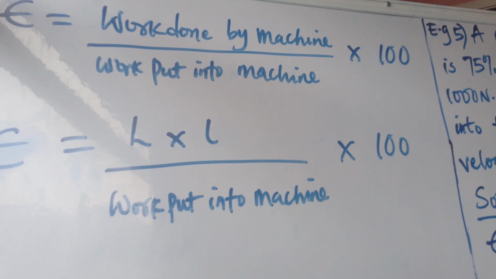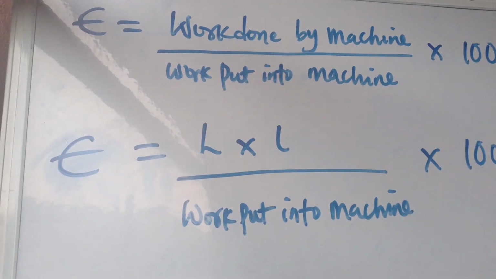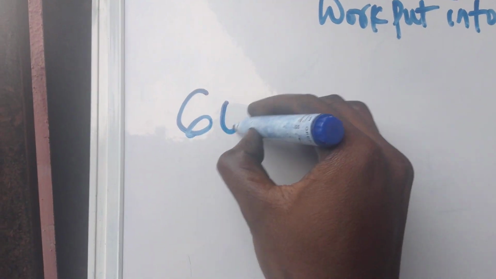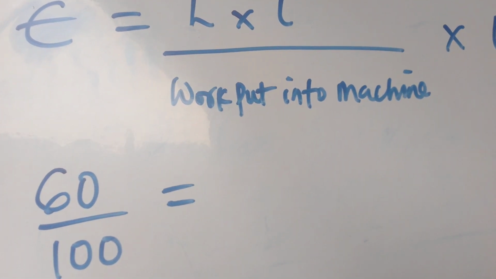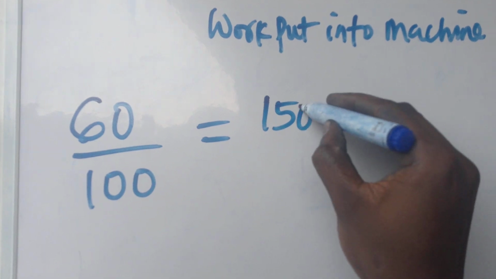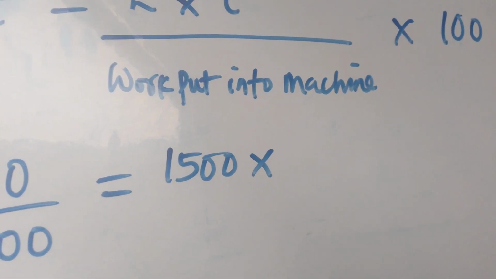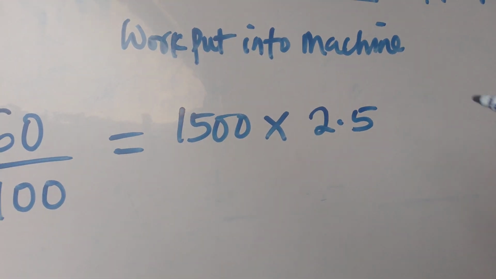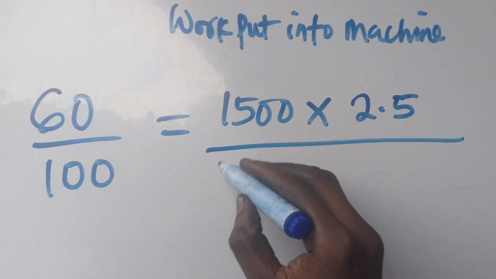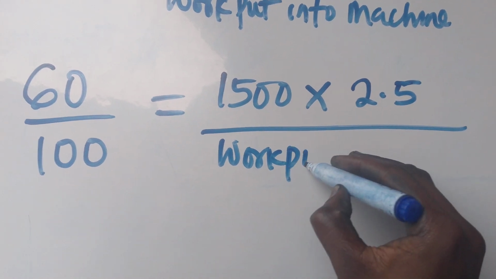The efficiency is 60%, that's 60 over 100, equal to the load, which we got as 1500, times the distance moved by load, 2.5 meters, divided by the work put into the machine.